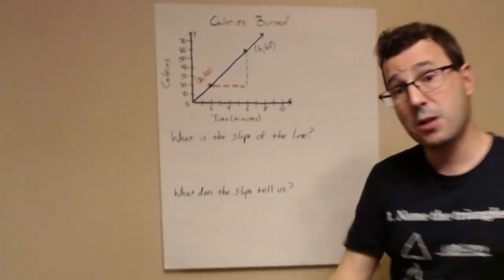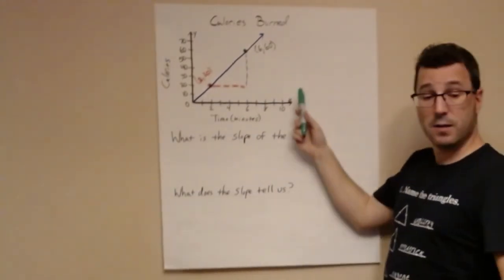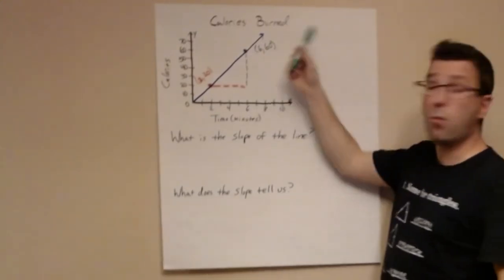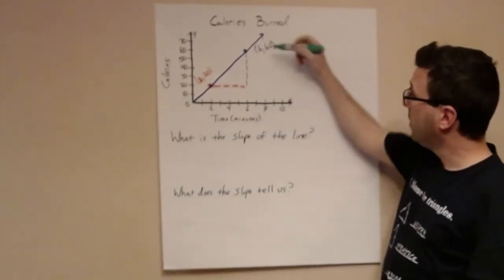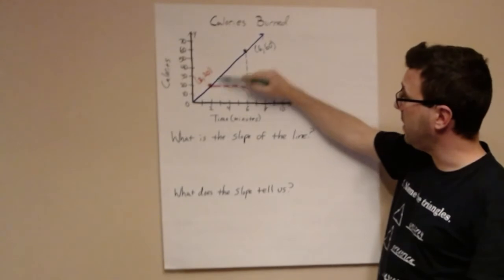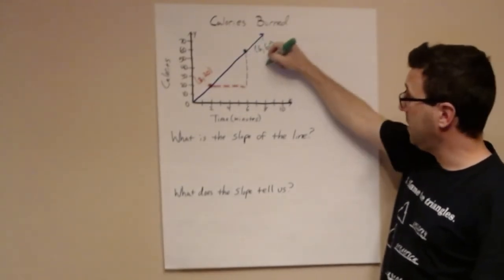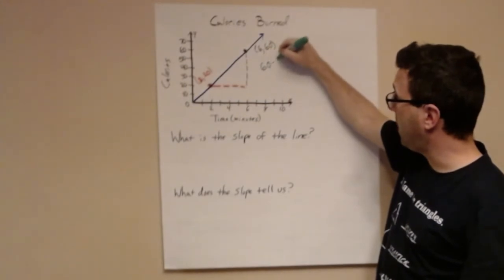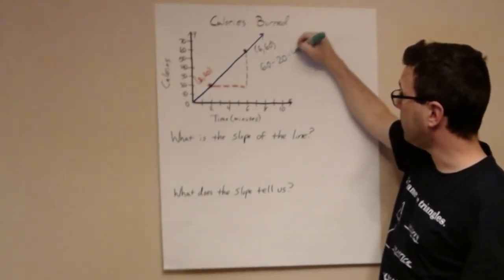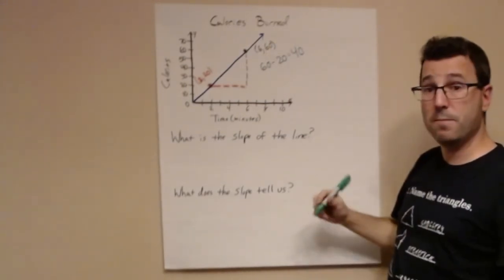And I'm going to take a look at my y values, my vertical, and I'm going from 20 up to 60. So I'm doing 60 minus 20, which gives me a 40.